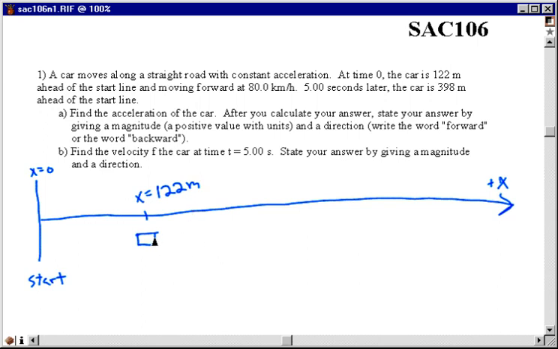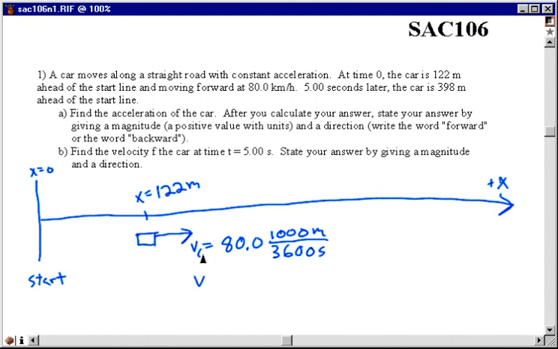And it's already moving forward at a velocity v, which is 80 kilometers, which is 1,000 meters, per hour, which is 60 minutes times 60 seconds, or 3,600 seconds.